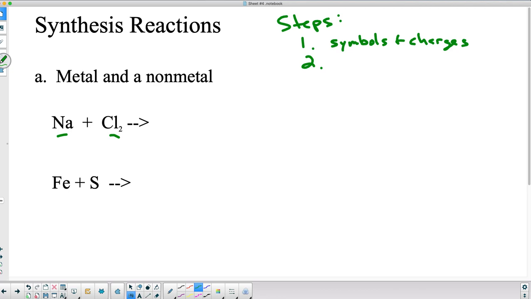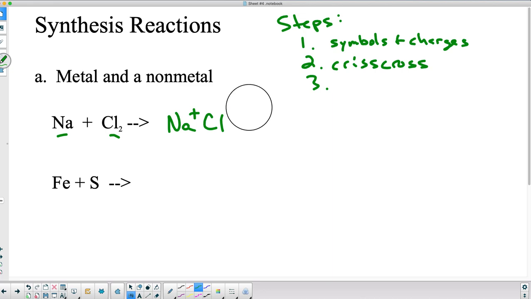And then, once I do that, symbols and charges, Na with a plus, Cl with a minus, I crisscross. And then, when I crisscross, I get rid of the plus and the minus, because the plus 1 and minus 1 crisscross to give us ones and ones, which we don't write.